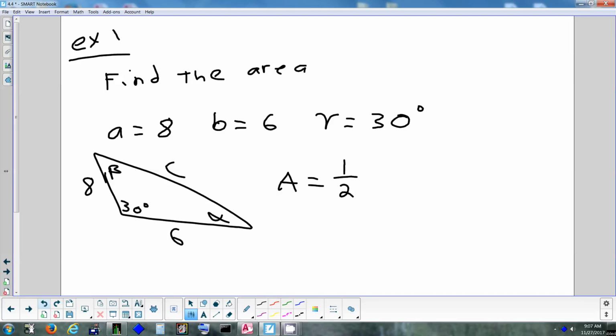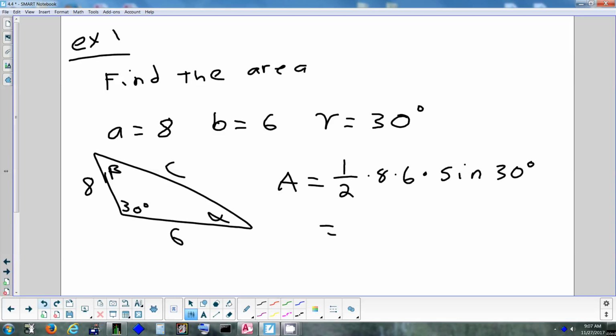Yep, you could do 8 times 6 or 6 times 8. Either way, it's still going to be 48. So he's got 1/2 the product of the two sides times, and then one more thing. Sine. Yep. Half the product of the two sides times the sine of the angle between them.